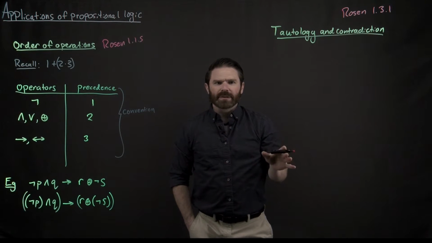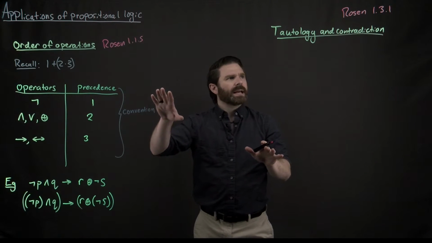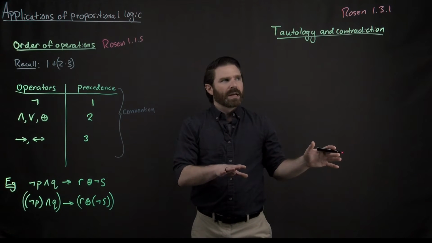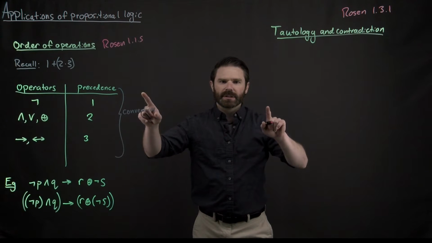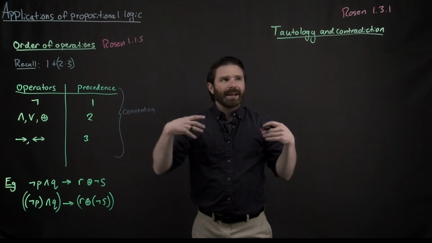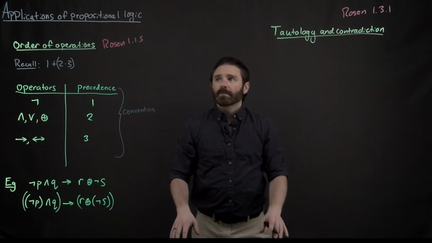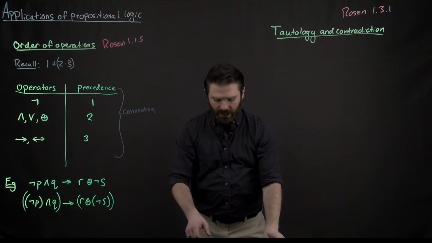Side note, it's kind of interesting the way Rosen orders some of his stuff. In fact, he actually uses some definitions before he actually defines them. So that explains why you might see me jumping around from different sections, because I like to give the definitions of things before I actually use them in practice. So let's go ahead and look at tautology and contradiction.